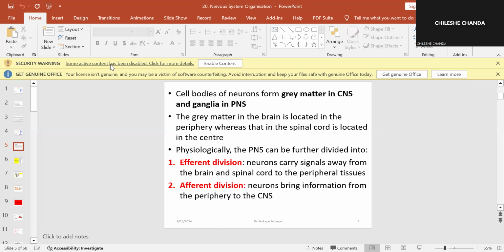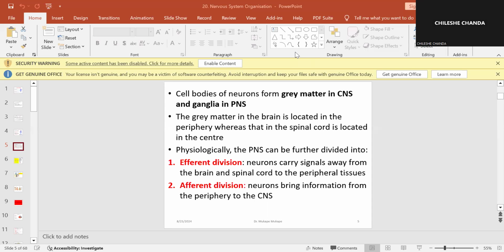They are found in the afferent division of the peripheral nervous system.